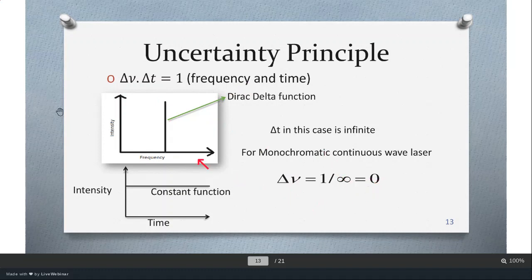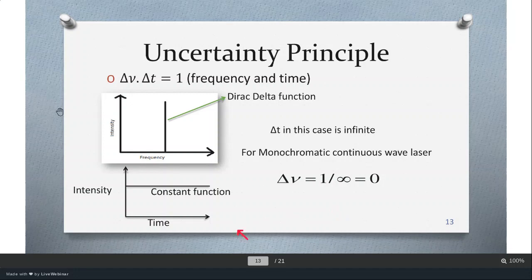So the time domain is a constant function, and when you go to the frequency domain, it's a Dirac delta function. This is very similar to the previous case. In the lens, we also see a constant function, and when we do the reverse, it's a delta function.